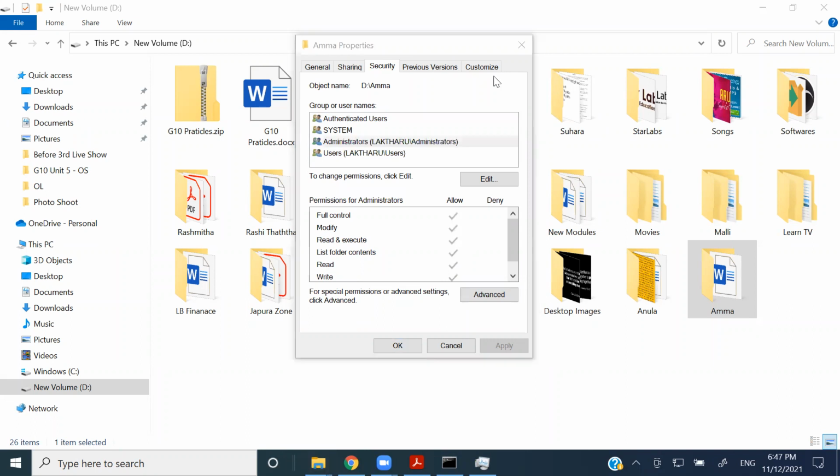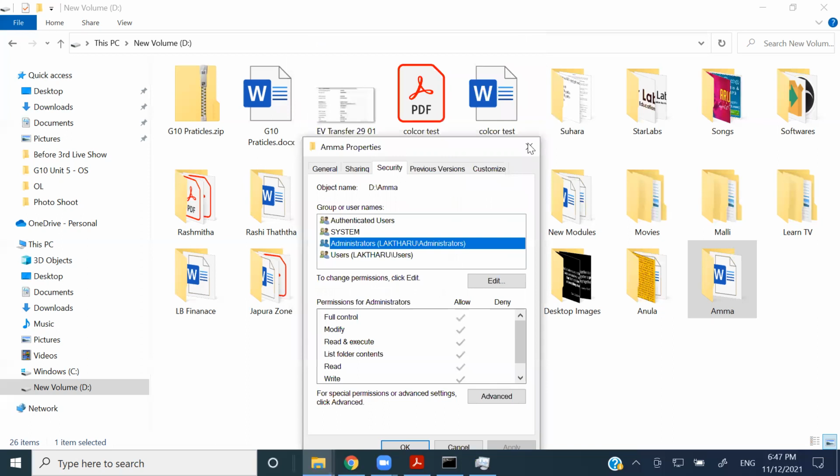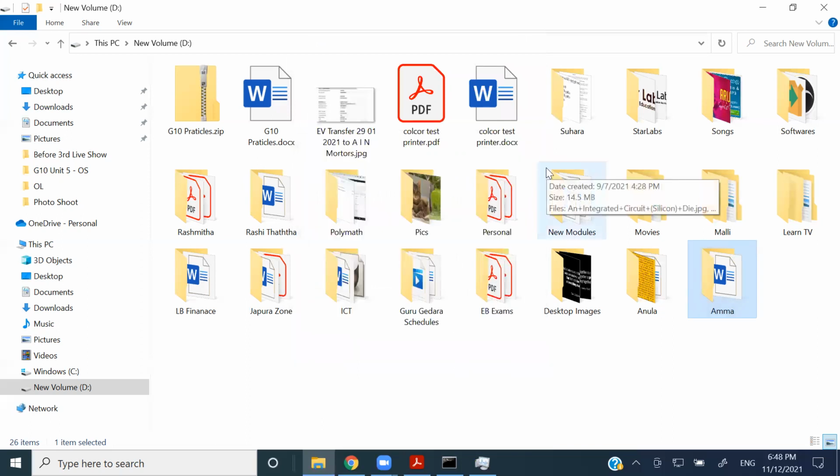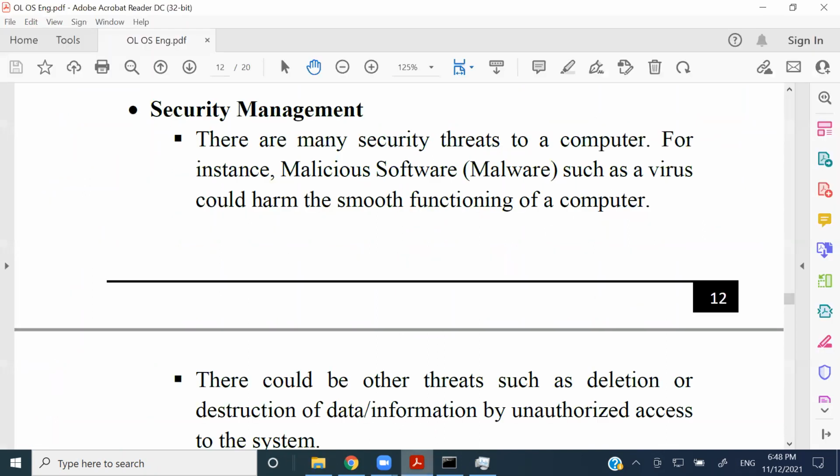Likewise, you can control the security options in your computer as well as in other computers. And if you have a lot of users created in your system, you can give the access privileges as well, right? That is one kind of security management that the operating system does.